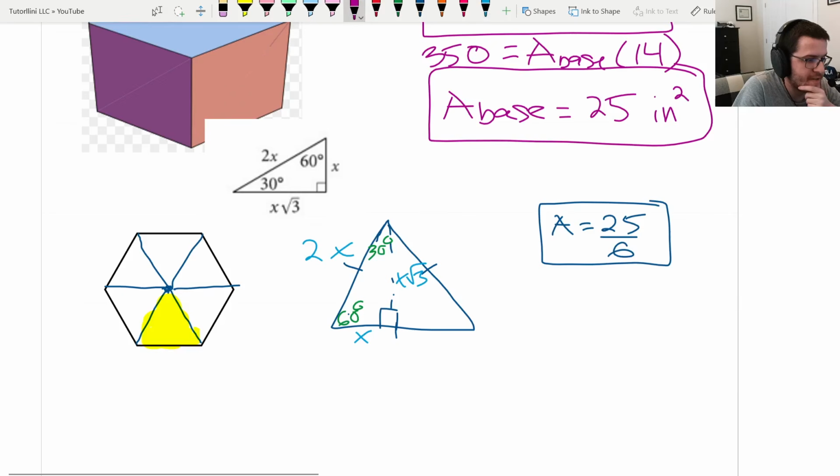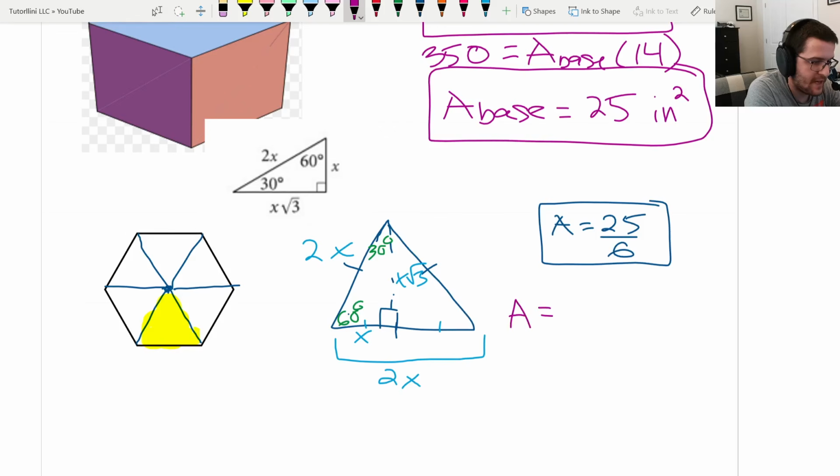This guy is equal to this guy, it cuts it in half, so this would also be 2x. So the area of this triangle is 1/2 base times height. So 1/2 times 2x times the height of x root 3.